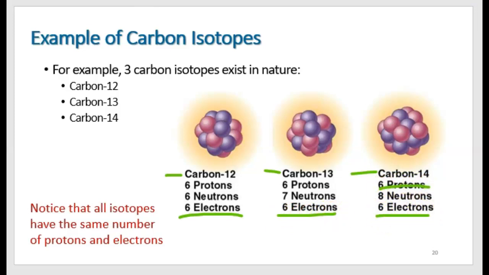But what varies is their nucleus, due to the non-charged subatomic particles called neutrons. Carbon 12 has 6 neutrons, carbon 13 has 7, and carbon 14 has 8. That's what an isotope is, just a different form of an atom.